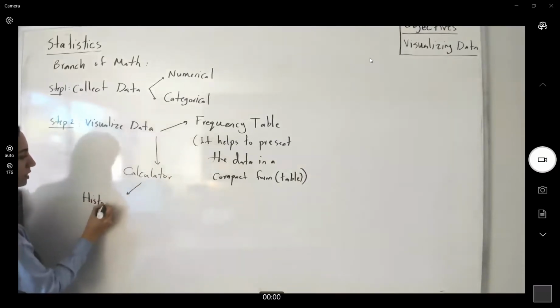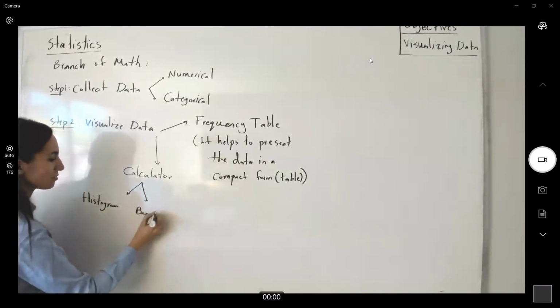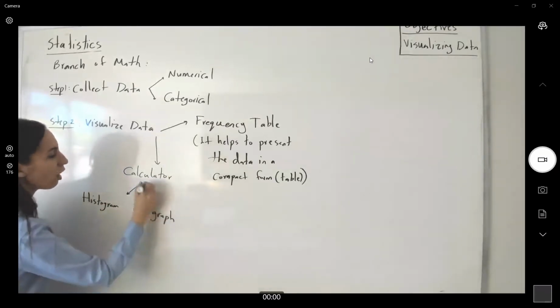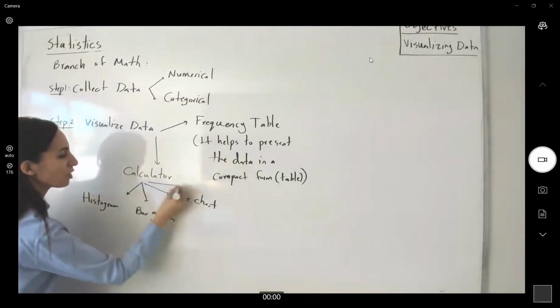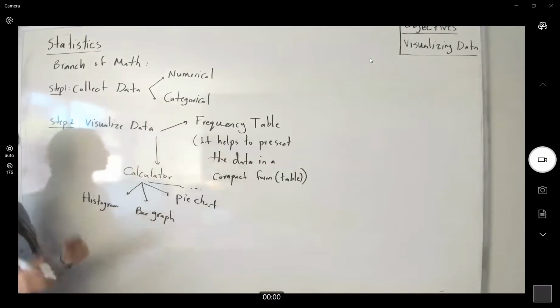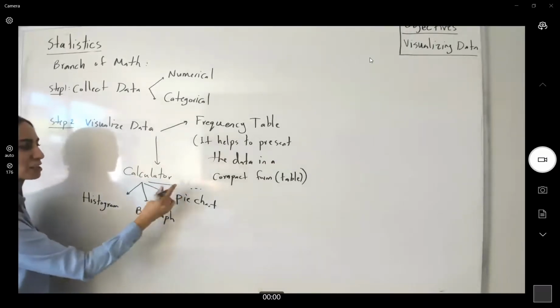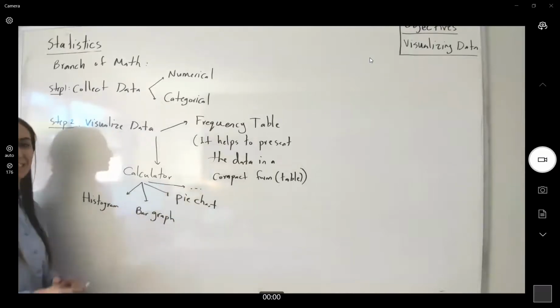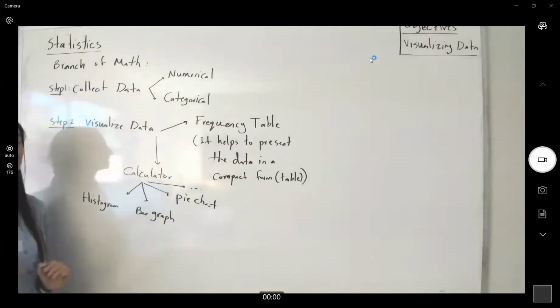We can use histogram, bar graph, pie chart, and so on to visualize the data better and analyze the behavior of our data. But the very first one is the frequency table.